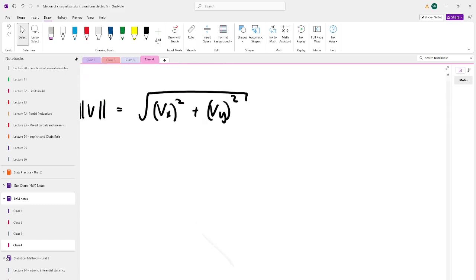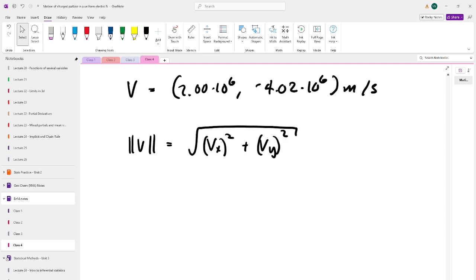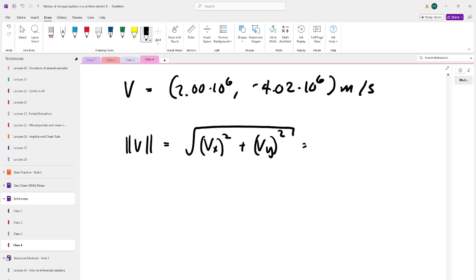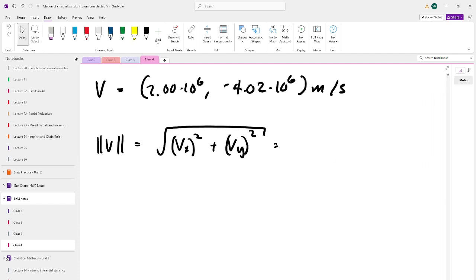So let's use this equation. I'm not going to write it down, but I'll just calculate it. So it's 4.49 times 10 to the 6 meters per second.